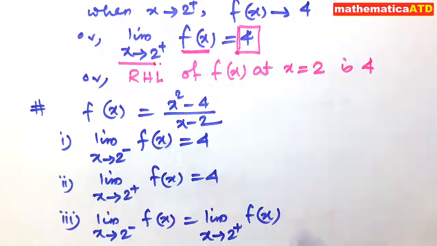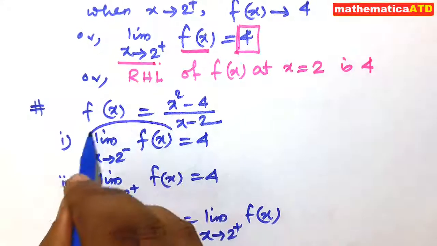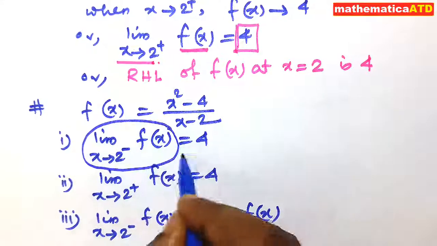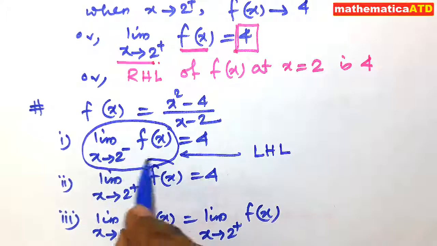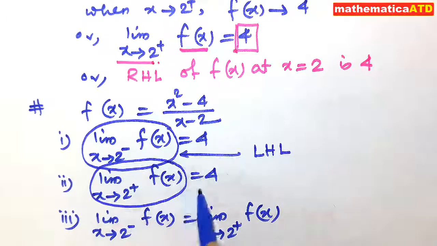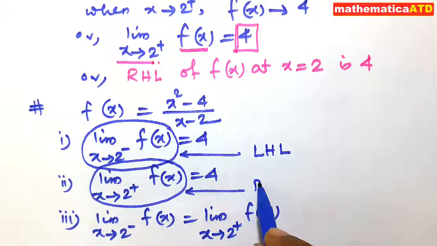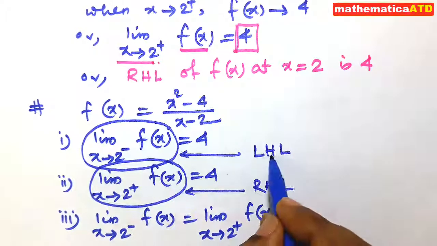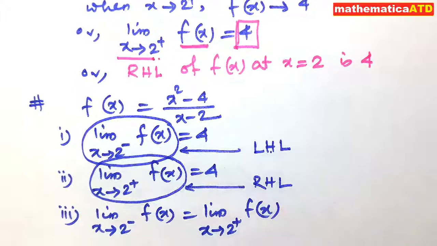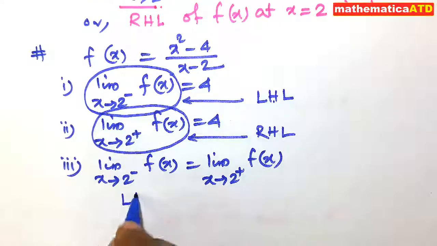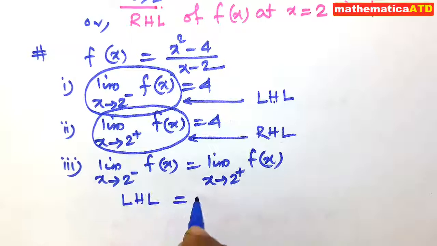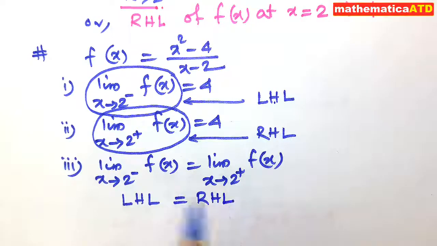This one is known as the LHL, and this part is known as the RHL. That means left hand limit and right hand limit.